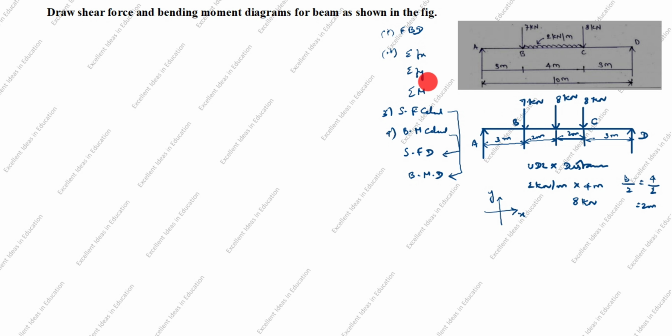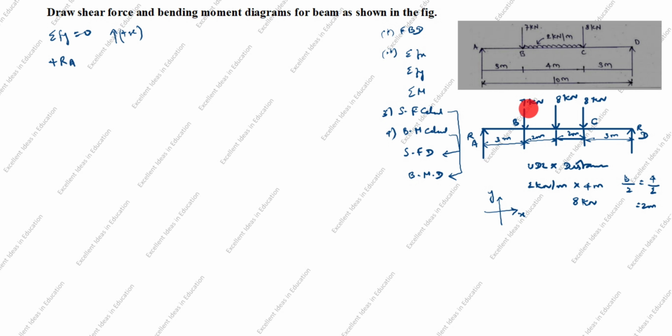Now we will take summation of Fy. Summation of Fy is equal to 0. You see the arrow goes up. Up is positive. All the forces are in vertical direction. So plus RA, this is RA, this is RD.